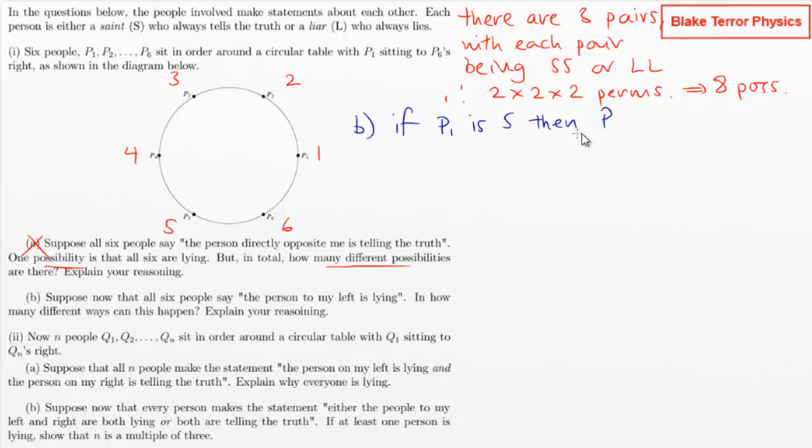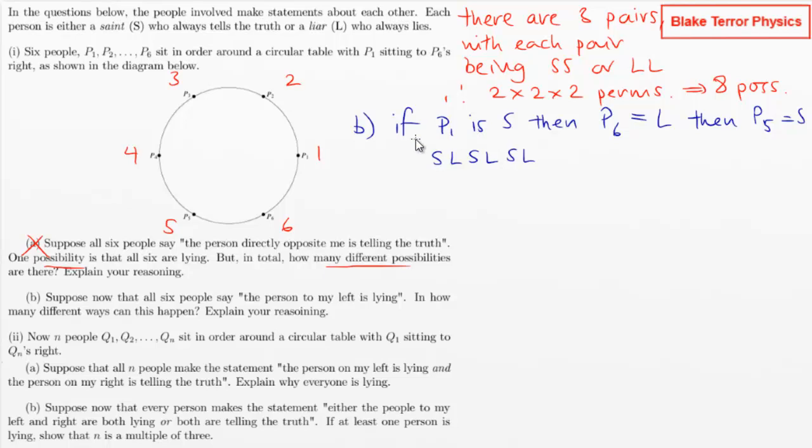The person on the left of P1 is P6. P6 is a liar, which means that P5 would have to be a saint, which means P4 would have to be a liar. So we'd be going saint, liar, saint, liar, saint, liar.